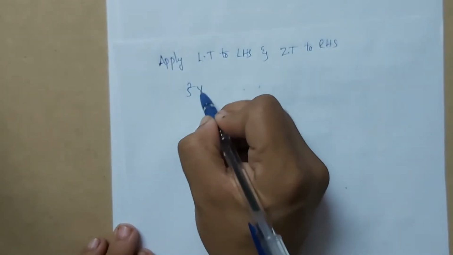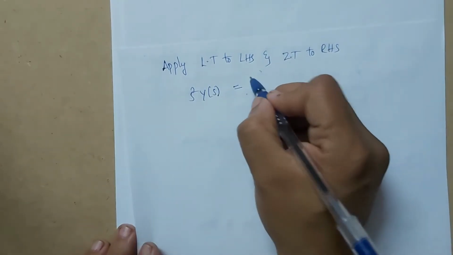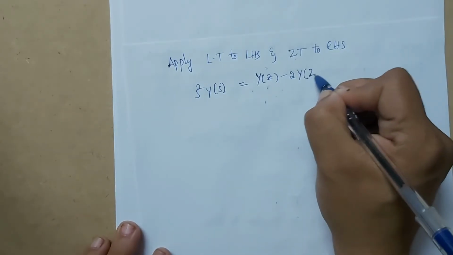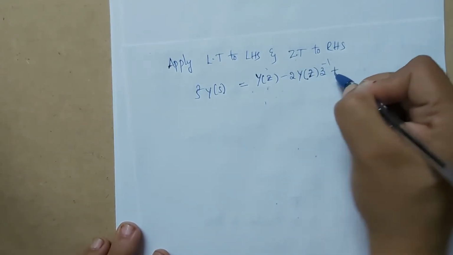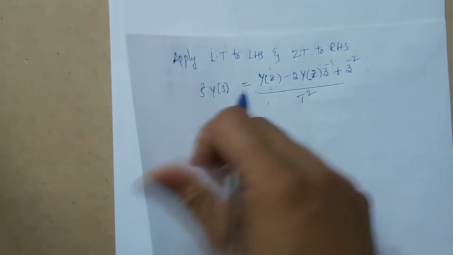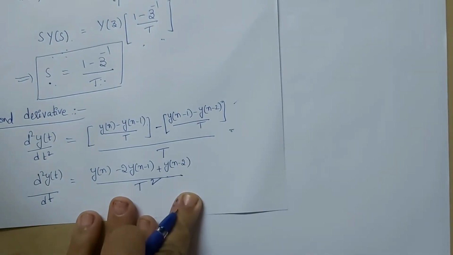So it will be s square y of s equal to y of z minus 2 y of z z inverse plus z power minus 2, divided by t square.